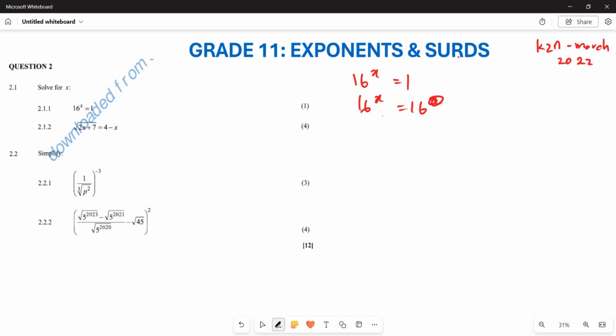Because you now have the same bases, you can drop them, which means x is equal to 0, right? So it is almost that easy to solve that particular question.